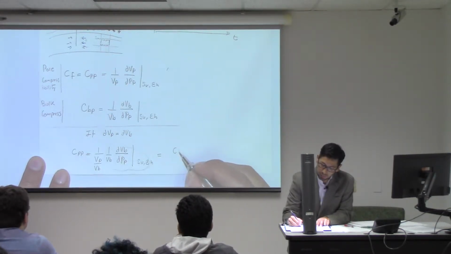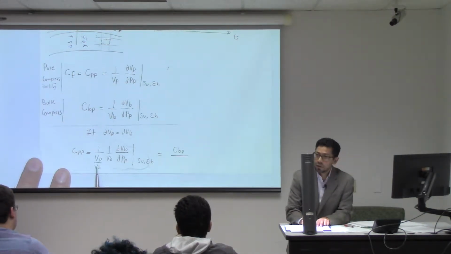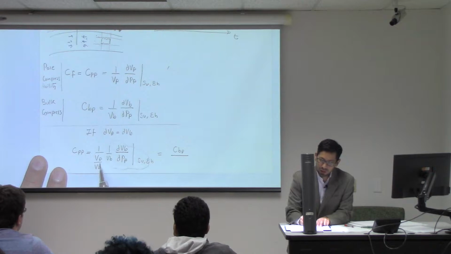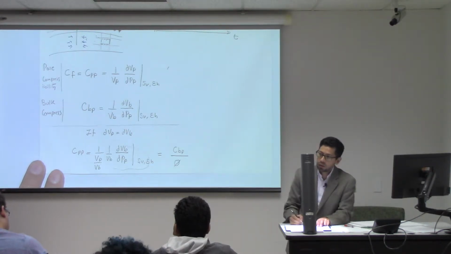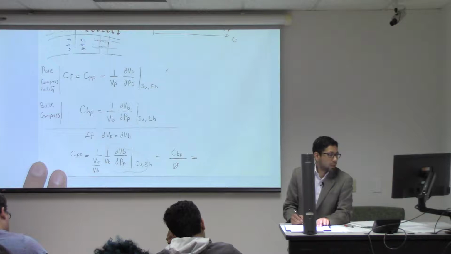It's going to be CBP. What is this? You know that? Porosity, very well. Pore volume divided by bulk volume, that's going to be the porosity. And now we're getting very close to the final equation.